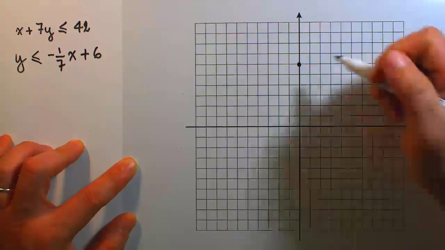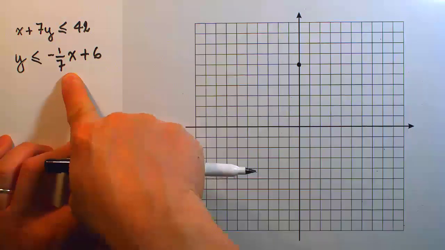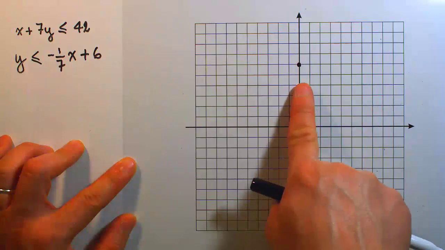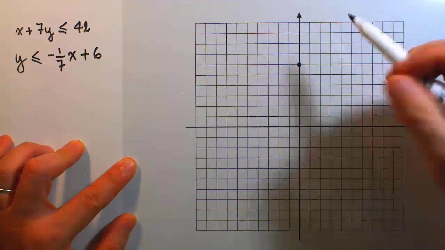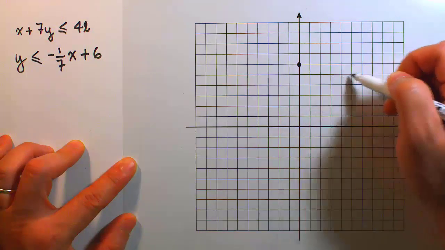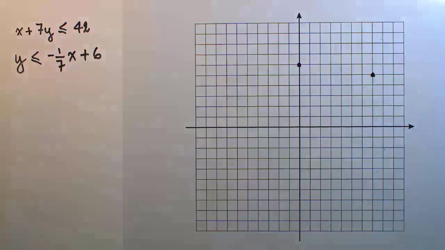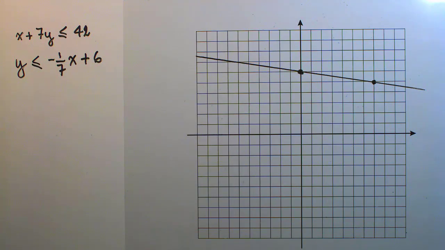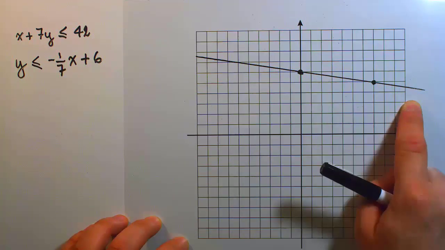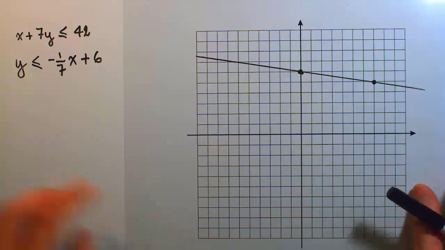The slope is indicating I'm going to drop 1 and run over by 7. So I drop another point here, and now I'm going to connect the points with a straight edge and ruler to make the graph for our current line.